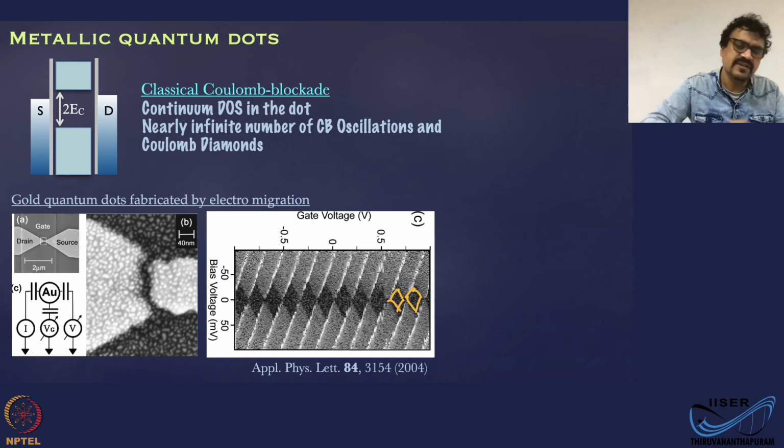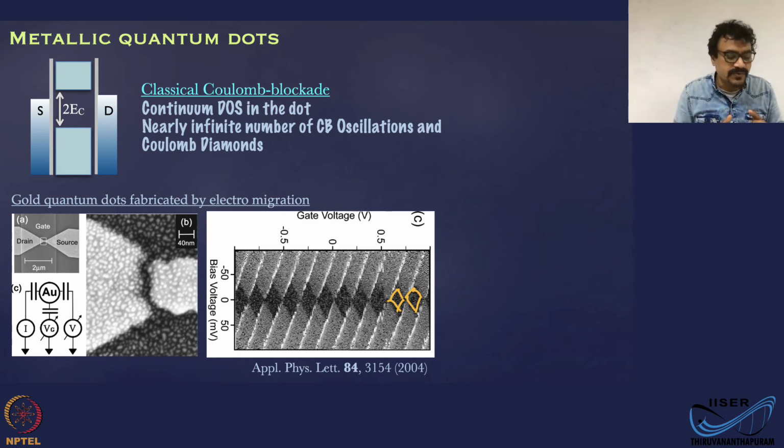These diamonds will go on forever. We'll get many diamonds, almost infinity, because you have that many electrons inside the dot, that many states inside the dot. So you get many almost identical looking diamonds. In theory it should be pretty much identical because the density of states is pretty constant in that small range where you are applying the voltage, and you have so many states available.